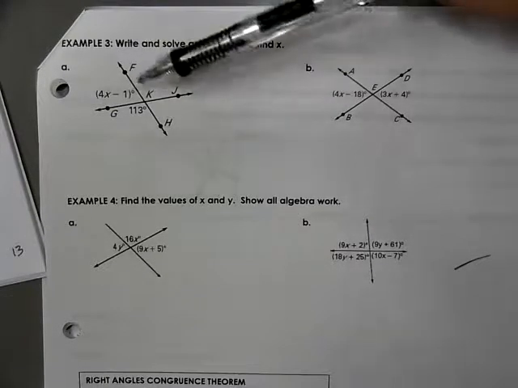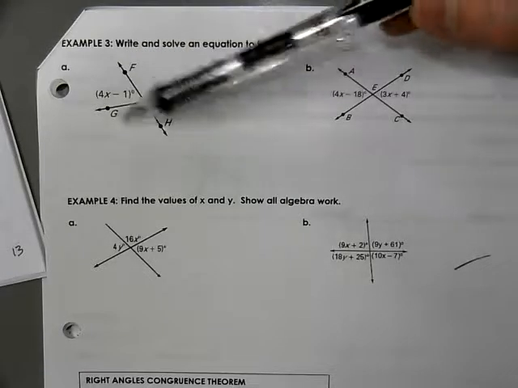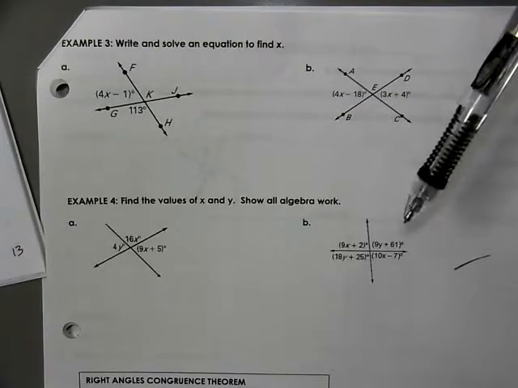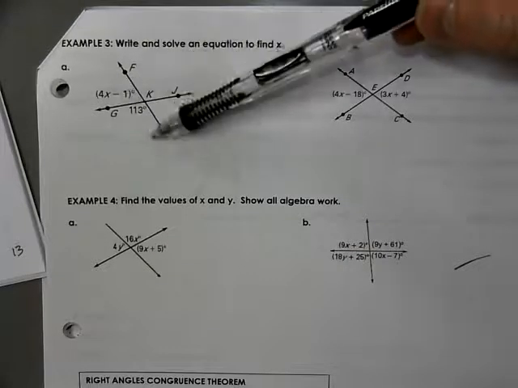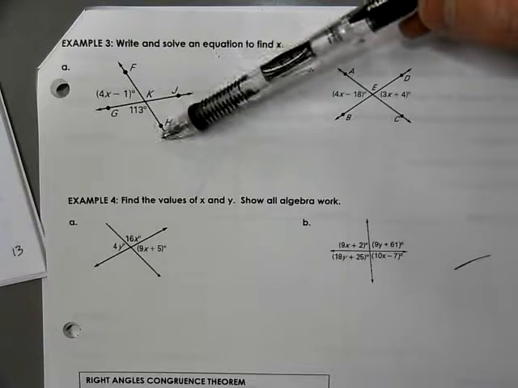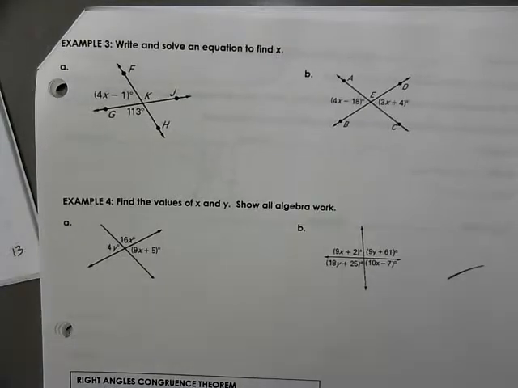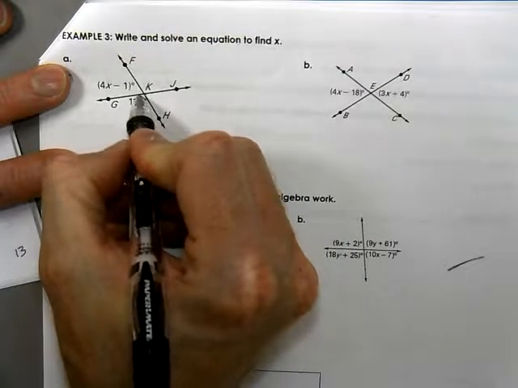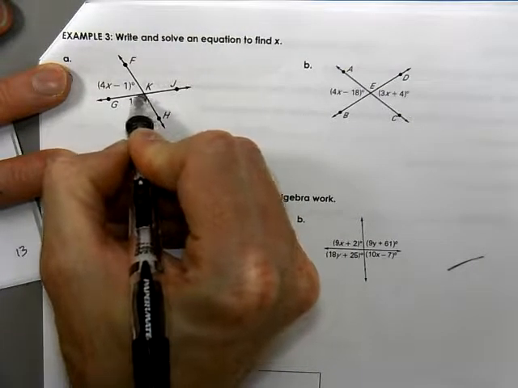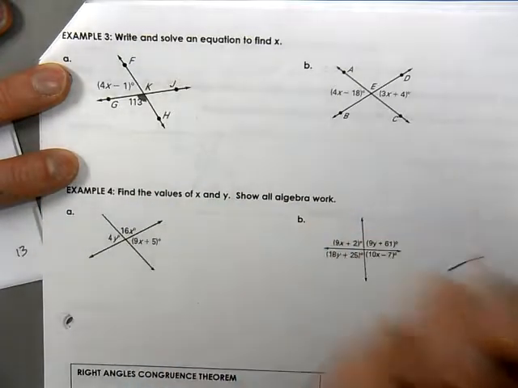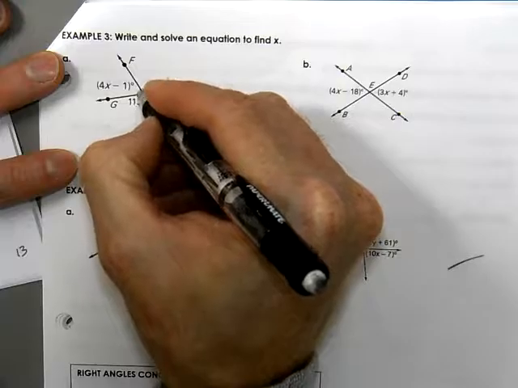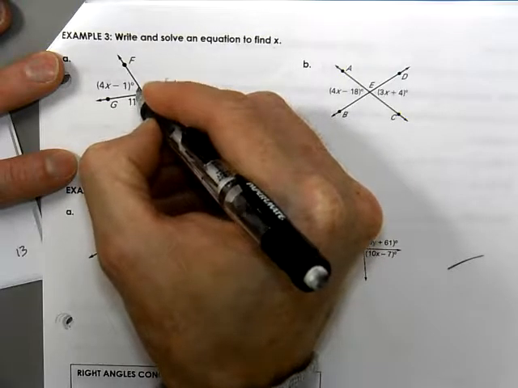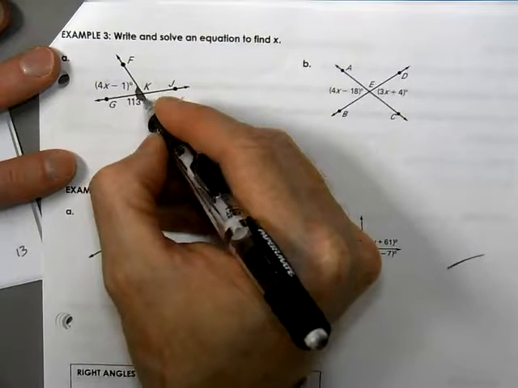Notice that this figure is made up of two lines that are intersecting, the angles that are labeled are on the same side. They're making up this straight line. 113 is this angle. 4x plus 1 is that angle, and they're making half a circle.